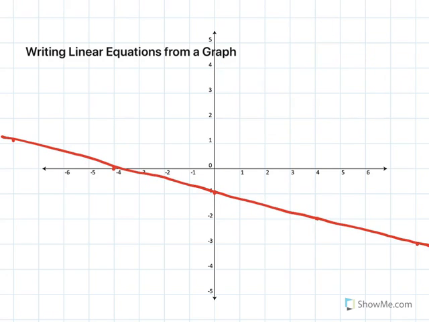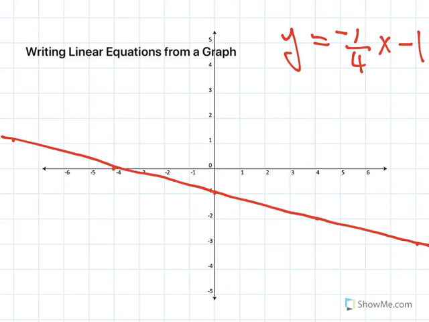Now let's look at this very same line, where it was y is equal to -1/4 x minus 1. But suppose you're given this line and they say write this equation in point-slope form. How are you going to do that?